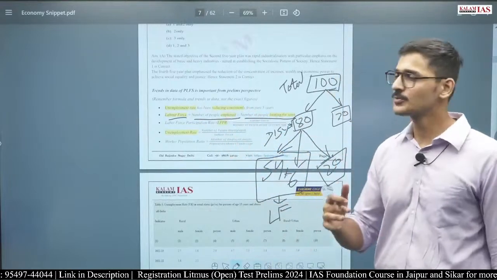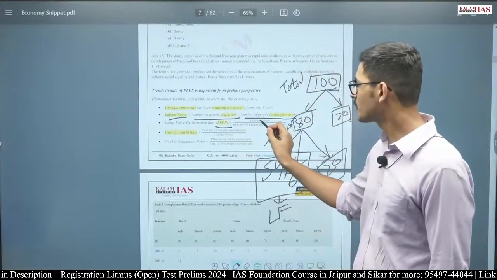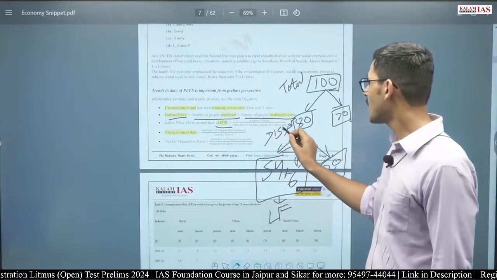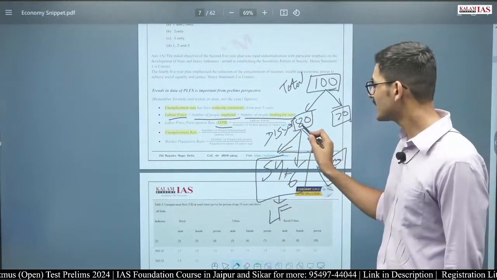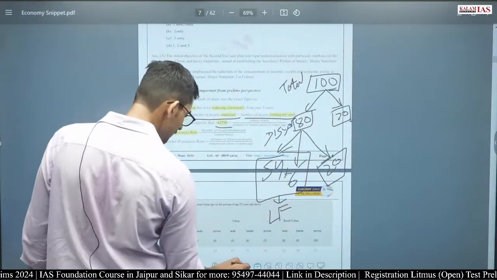Now, what is labor force participation rate? Labor force participation rate is equal to labor force, that is 54 plus 6, divided by number of people above 15 years of age. How many people are there above 15 years of age? 80. So what is going to be the labor force participation rate here?